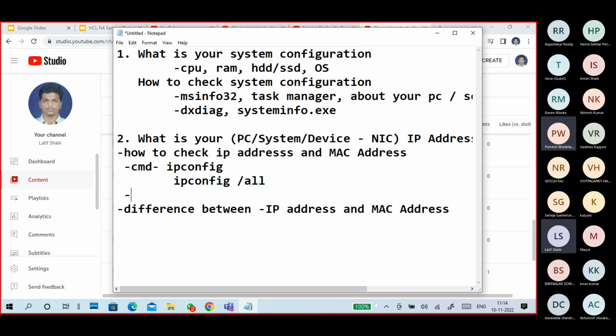It also shows the DHCP server address, DNS server address, lease obtained and lease expiry. What are lease obtained and lease expiry? When you got an IP address from the DHCP server, that date and time is the lease obtained. Lease expiry depends on the DHCP server, how long this IP address is available for you from the DHCP server.